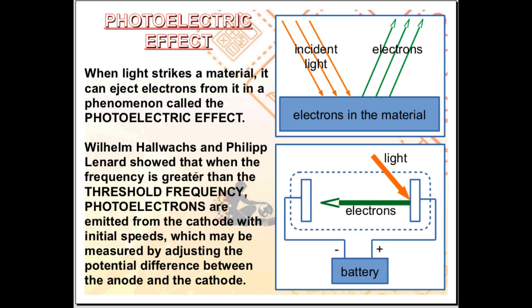If the incident light is of sufficient frequency, if it's greater than a threshold frequency, electrons are emitted, and the kinetic energy or the initial speed of the electrons may be measured by adjusting the potential difference across the electrodes.